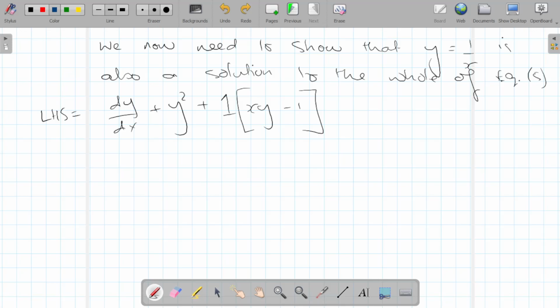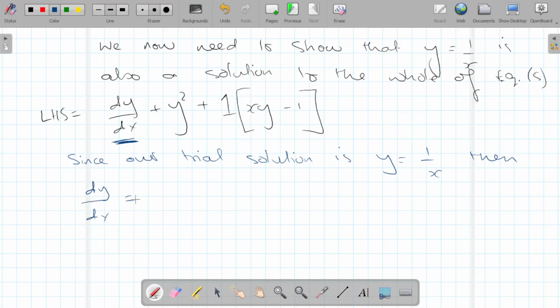I'll write this in blue. Since our trial solution is y equal 1 over x, then the first derivative, because we need to know what this first derivative is in terms of x, dy by dx is equal to minus 1 over x squared.